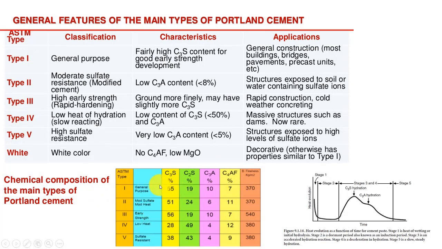In general purpose cement, you have these constituents in these percentages. In the second type of cement, moderate sulfate resistant cement, you have a decreased amount of tricalcium aluminate because of the probability of delayed ettringite formation as a result of sulfate intrusion. Thirdly, you have an early strength cement.